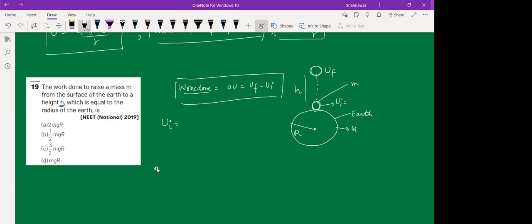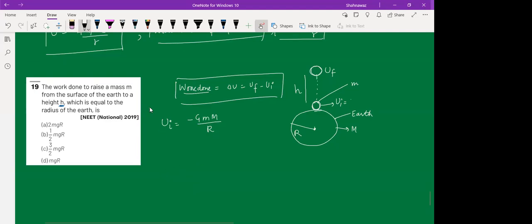We have some mass M, that is the mass of the Earth, and then we have this object, and their separation is the radius of the Earth. So this is the initial condition. This is the small mass, and this is the Earth's mass, right? And the separation between them is R. So simply the potential energy would be minus GMm divided by R, right? This is the first case.